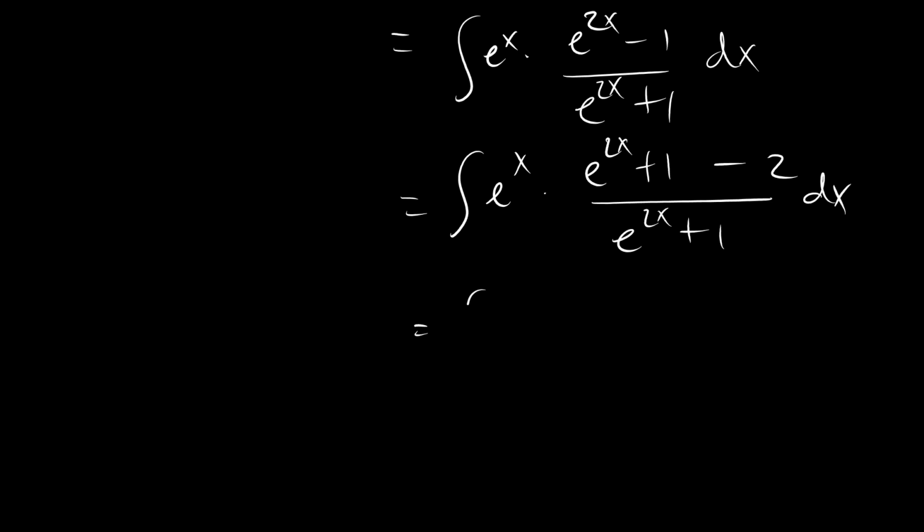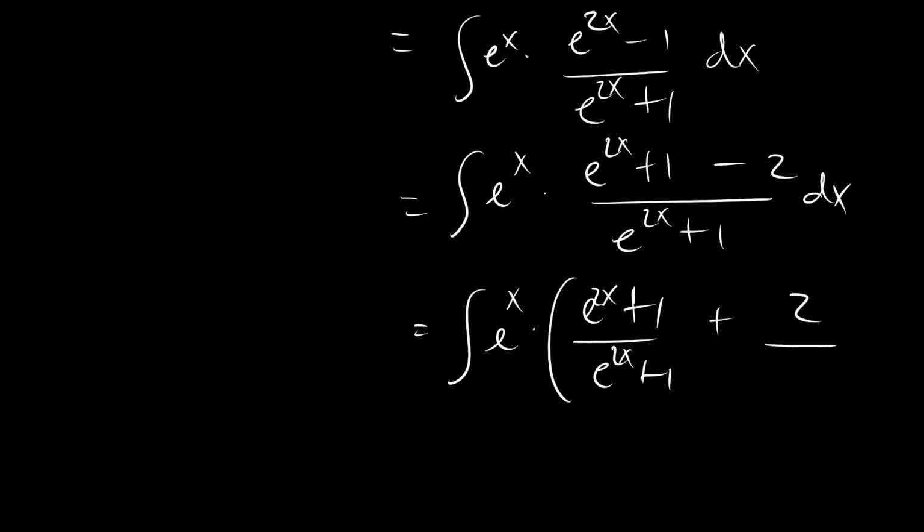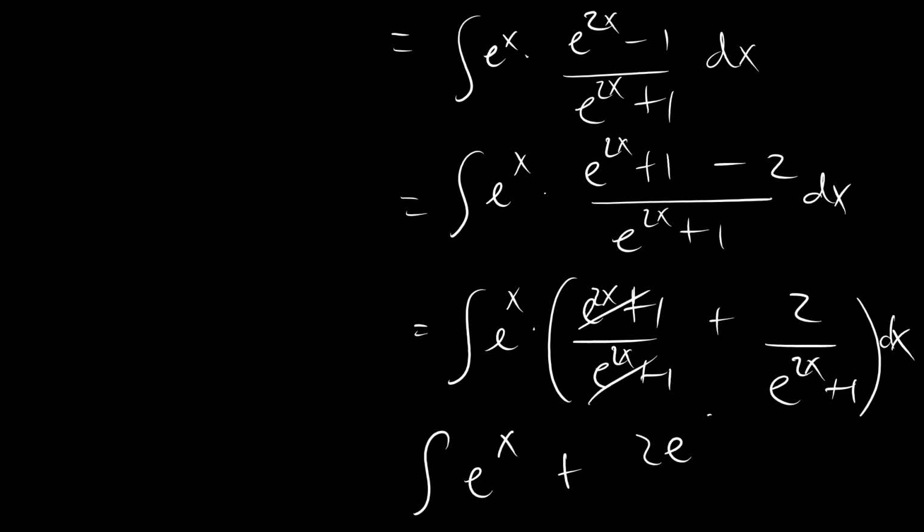So that we have e^x bracket (e^(2x) plus 1) over (e^(2x) plus 1) minus 2 over (e^(2x) plus 1). Okay, so this would cancel out, so that now we have e^x minus 2e^x over e^(2x) plus 1.